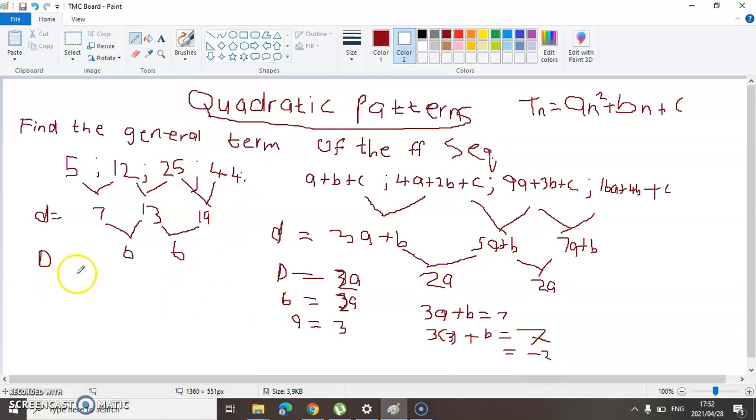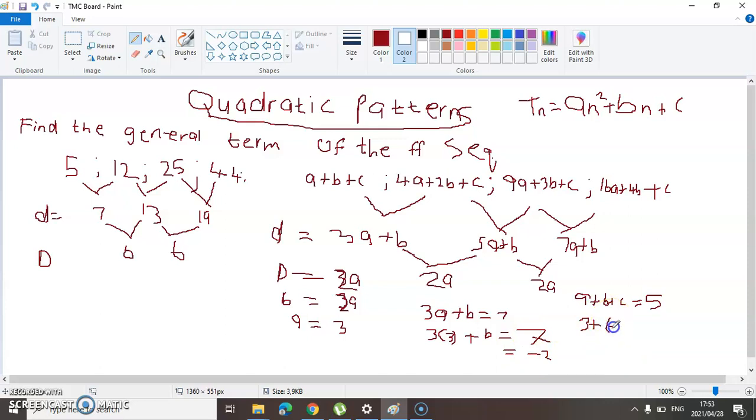And then what about C? Okay, how to get C? First term is A plus B plus C. And the first term here is 5. Now what is your A? Your A, you've got it to be 3. And your B, you got it to be minus 2.